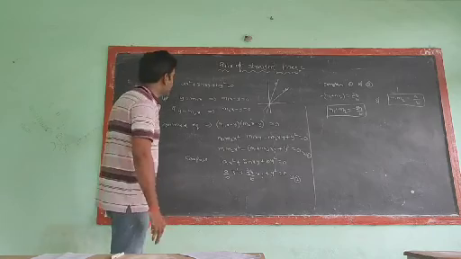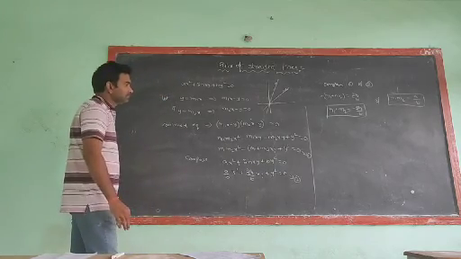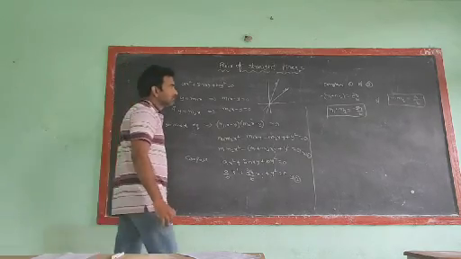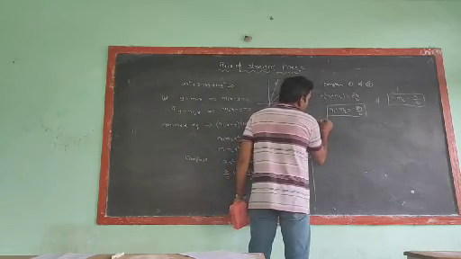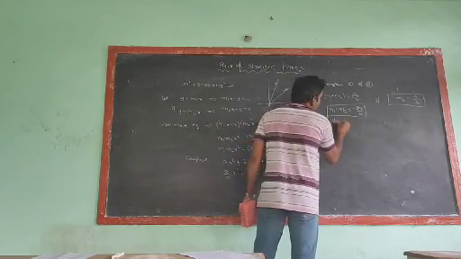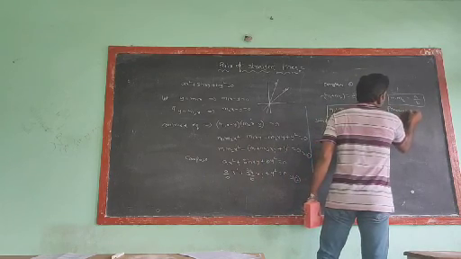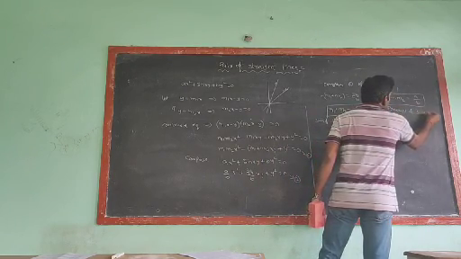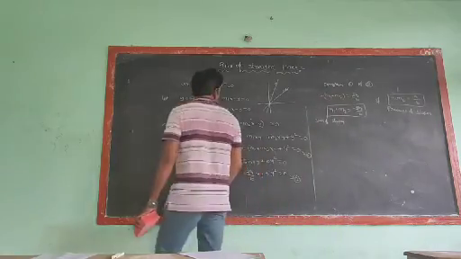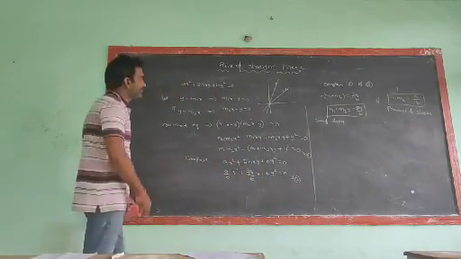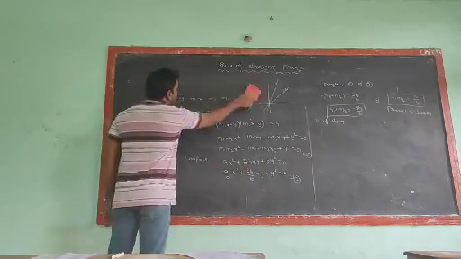Now I am erasing this. Here you just write down sum of slopes, product of slopes. So this is our concept. Now I am erasing.